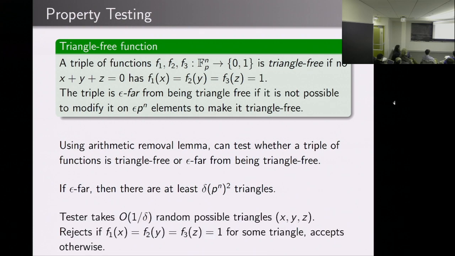And then you can just start sampling random possible triangles and checking whether they're always in the corresponding set.